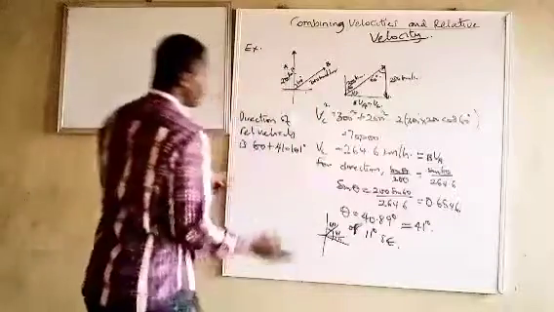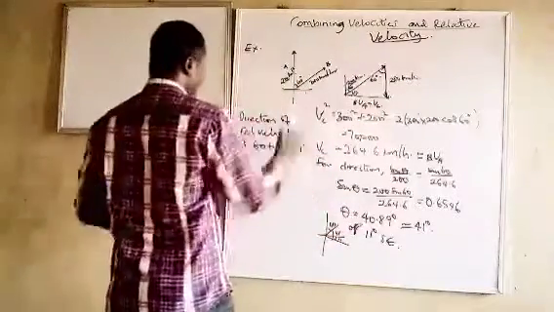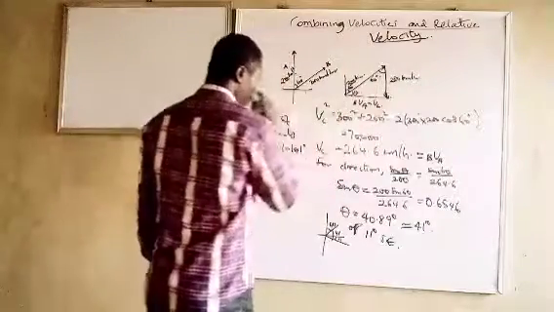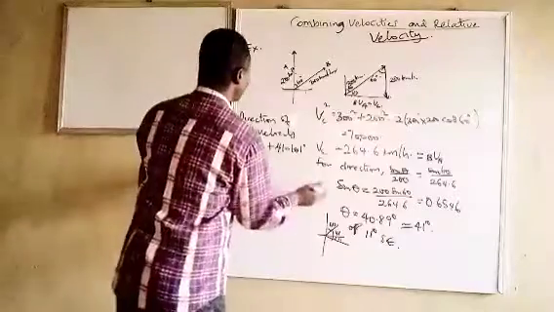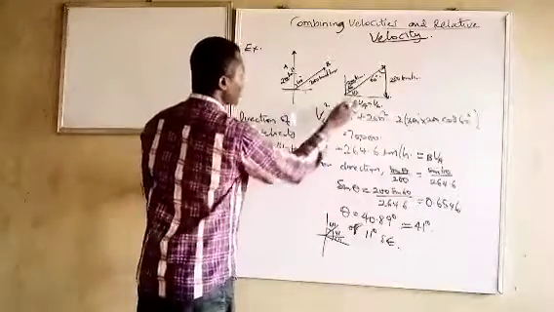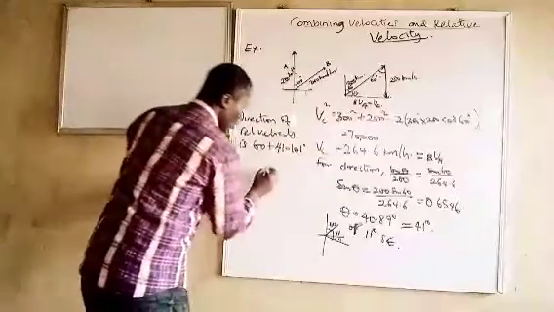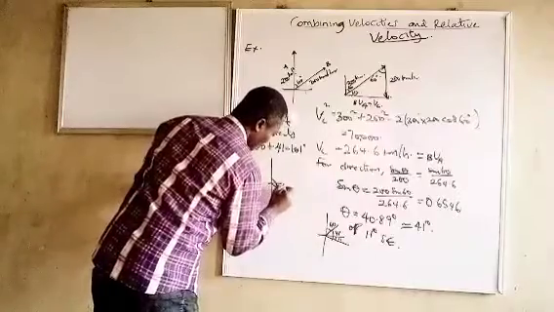Now, if we say this is the velocity of B relative to A, then the velocity of A relative to B will be in the opposite direction, the same value. It's just like you move it 180 degrees to the other side.